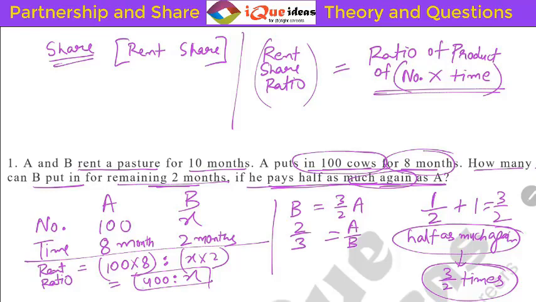And A by B rent share is already 400 by X. So X will be 3 into 400 divided by 2. 2 cancels 400, 200 into 3 is 600. So we can put 600 cows for the remaining 2 months.